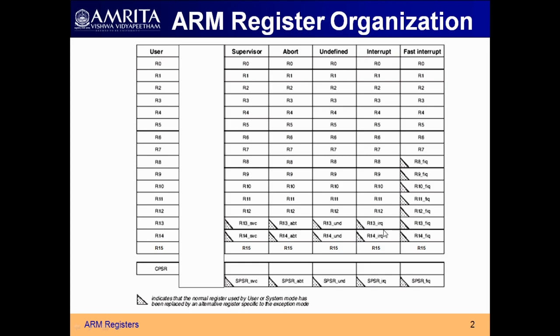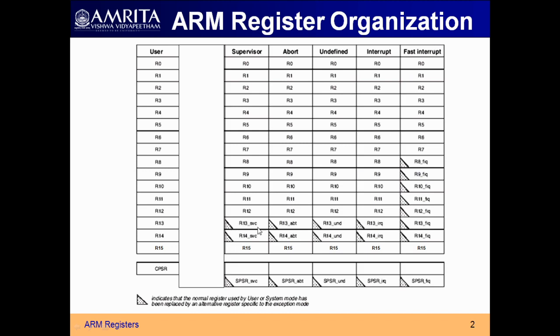Let us take interrupt mode. This R13 underscore IRQ and R14 underscore IRQ are replacing actual R13 and R14 of the user mode, right? And in fast interrupt mode, you can see these many registers are replacing the corresponding registers. That is, R8 to R14 registers are replaced here in fast interrupt mode, right?